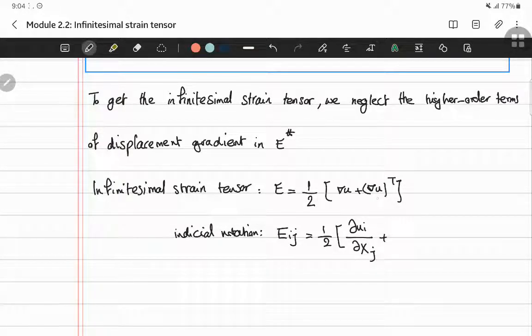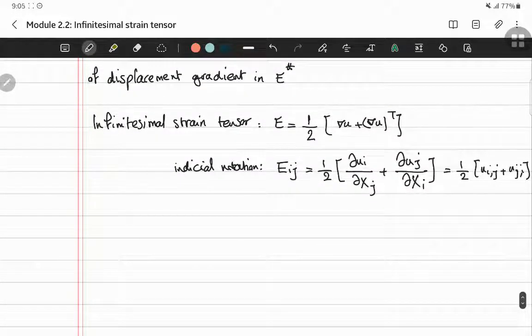Plus, now we have the transpose, so i and j should be swapped, so we have the partial derivative of uj with respect to Xi. Or you can simply write it as u i,j plus u j,i.